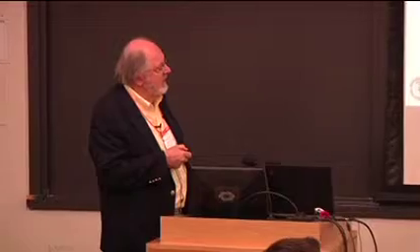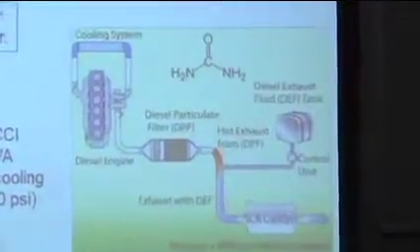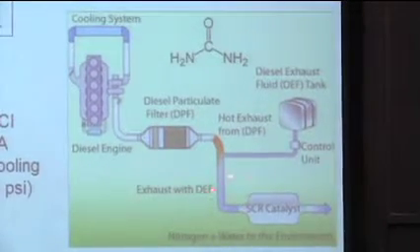Here's the engine. We have a diesel particulate filter. That's in all engines basically now to get the soot down to these kind of numbers, very low soot or particulates. And then we have this tank full of another fluid. It's called diesel exhaust fluid, or DEF. It's this molecule here, urea or carbamide. It is sprayed into the exhaust.